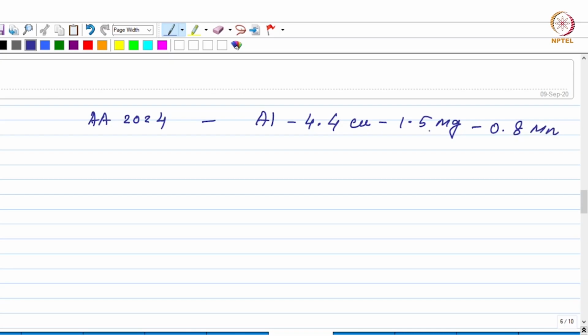So when you have a second alloying element present, which is magnesium in this case, the precipitation sequence and the precipitate can also change. Okay. So for example, when you have magnesium as the second alloying element, you can have the GP zones forming, but the composition of the GP zones will change because now, apart from the copper atoms, the magnesium atoms will also join the GP zones.